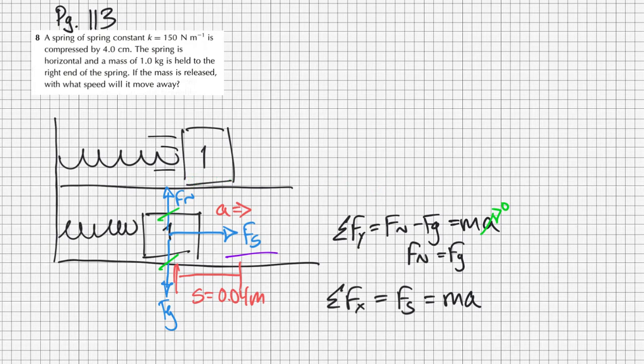to the right. And so once our object gets back to this equilibrium position, we're going to be moving to the right. And what we're trying to figure out is the speed that it's going to be moving away with. So we're going to do two different methods to do that. The first way, which I would say is the more common way, is going to deal with energy.